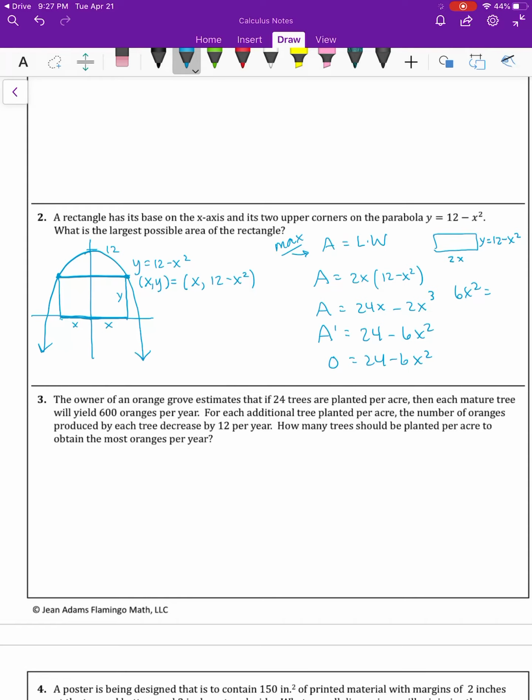And I went ahead and distributed my 2x so that I have a nice polynomial to take the derivative of. Because when I want to maximize something, I want to find that critical point, so I'm going to take the derivative and set it equal to 0. So my derivative is 24 minus 6x squared. I'm going to set that equal to 0.